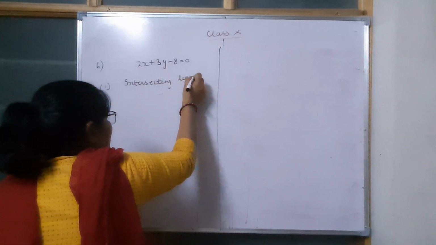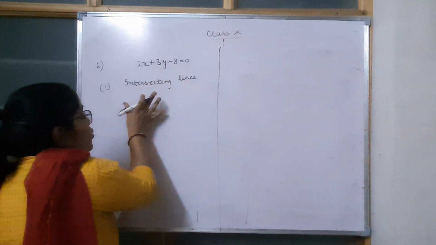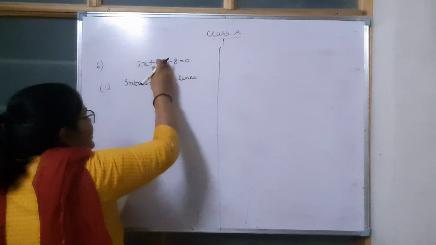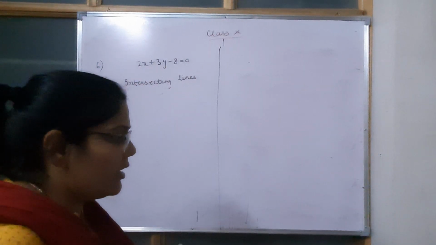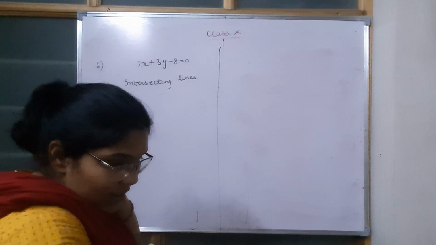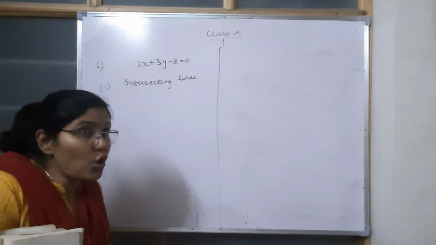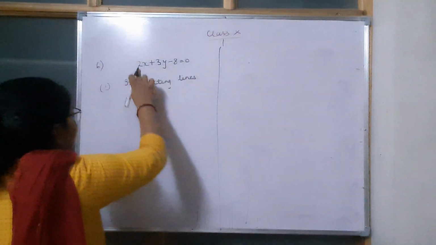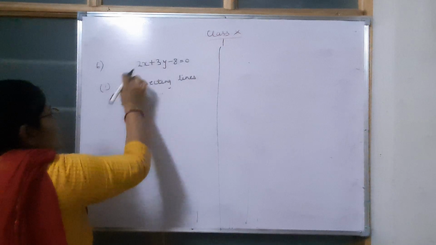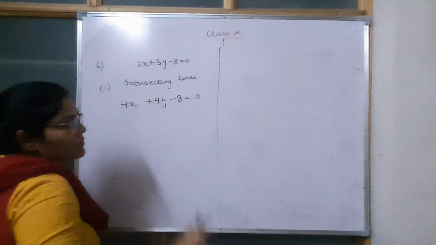We have the equation of one of the lines, and we want one more equation such that these two equations represent intersecting lines. So how do you check whether the lines are intersecting or not? It means a1 upon a2 should not be equal to b1 upon b2. Here also you can take any value. Just take 4x, since 2 twos are 4, and here I am taking 9y. You can take 8 also.